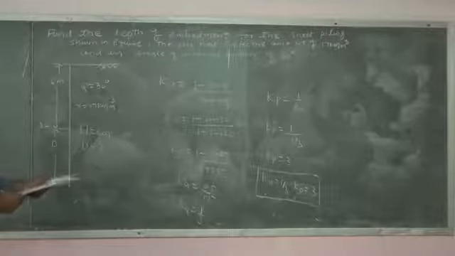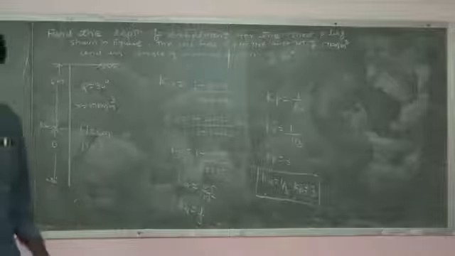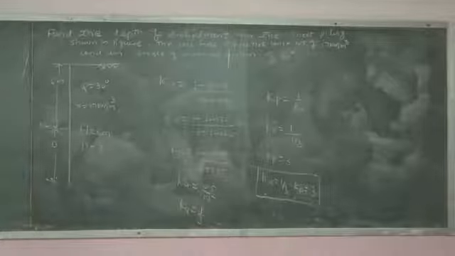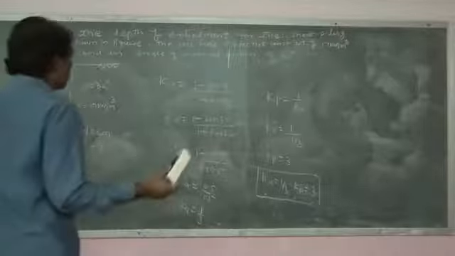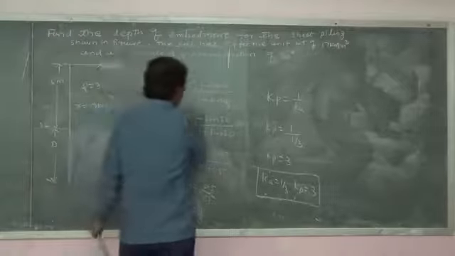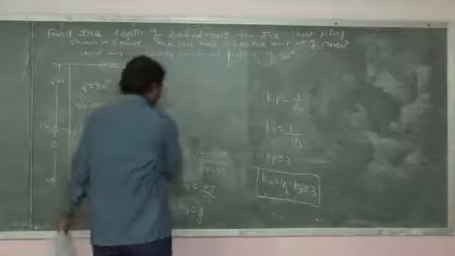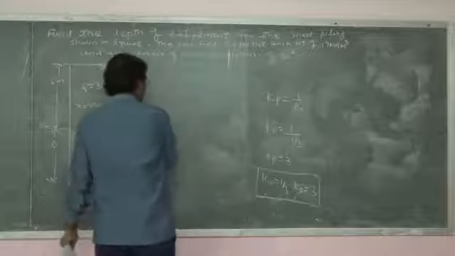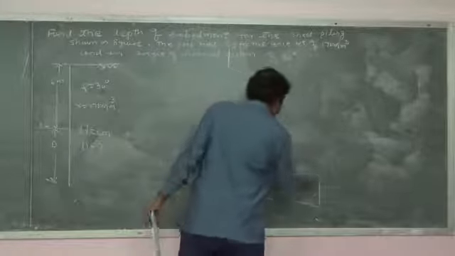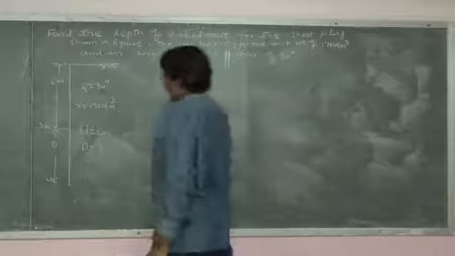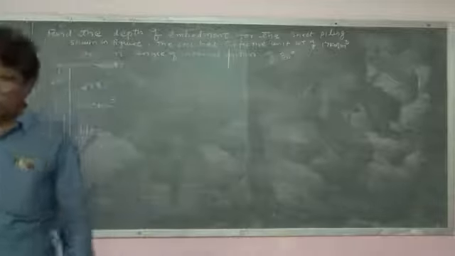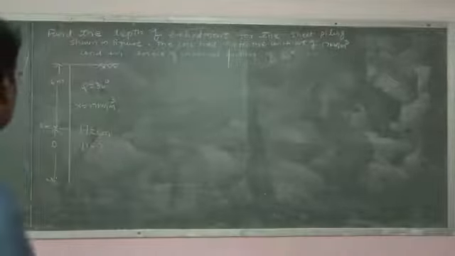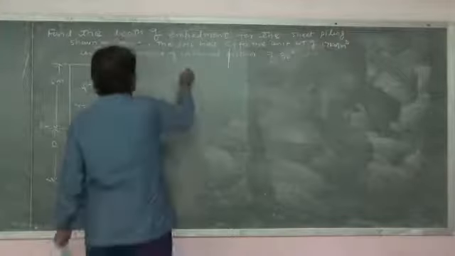So once you have Ka and Kp, we shall go for the approximate method. How to calculate by the approximate method? First I will draw the pressure diagram.